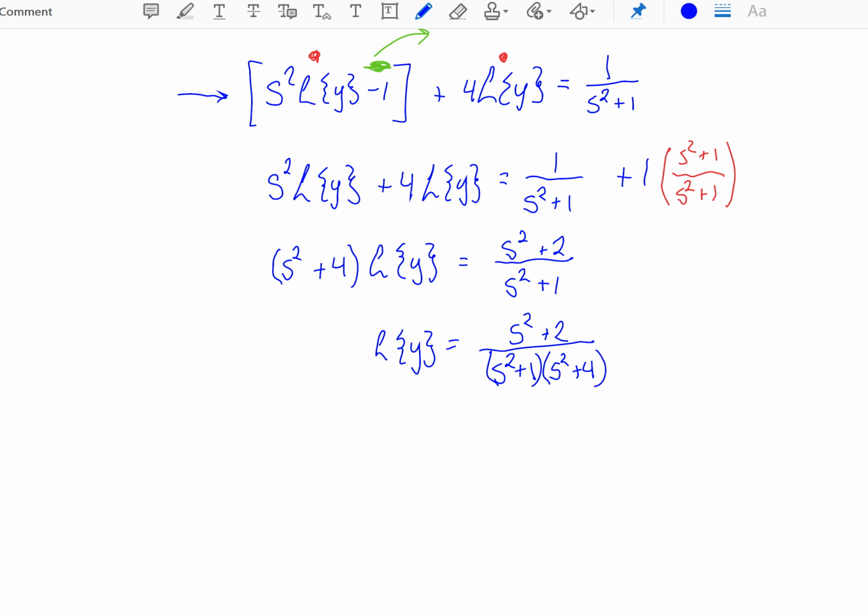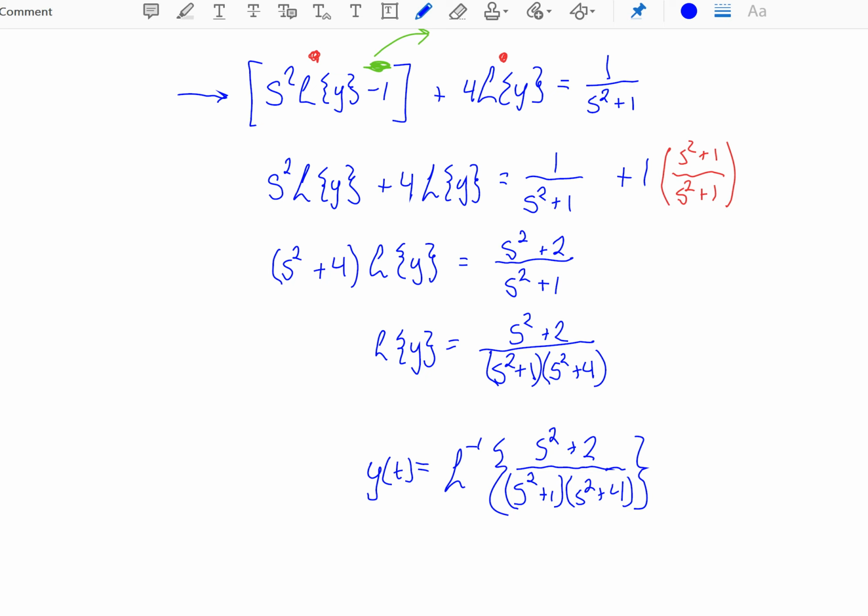And if this is the Laplace of y, then our solution y of t has to be the inverse Laplace of this right hand side. So now our goal is to figure out what is the inverse Laplace transform of this fraction.